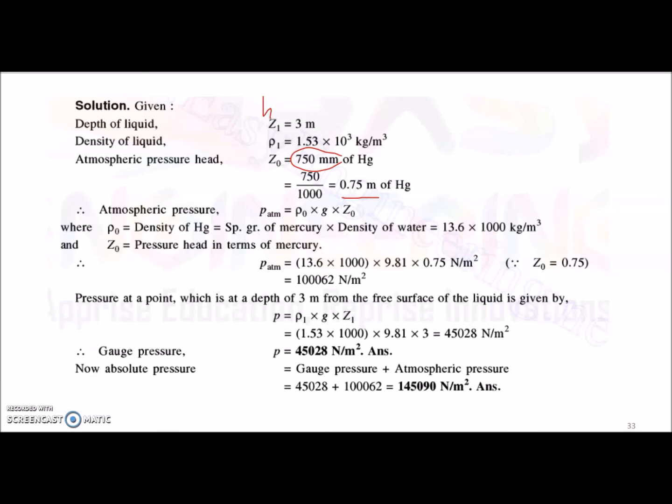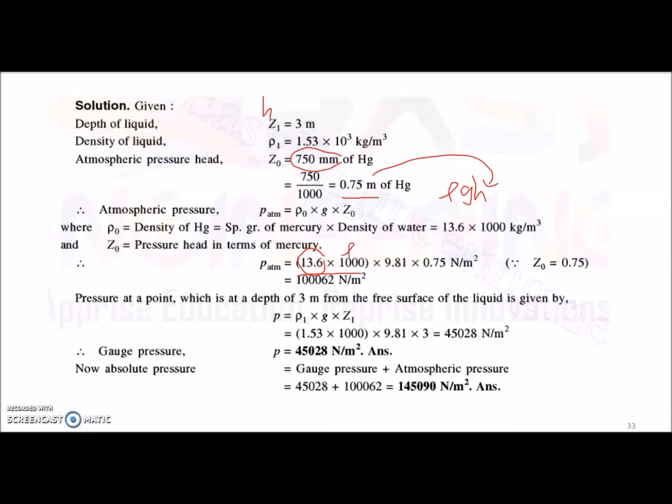Then we need to change the atmospheric pressure in terms of mercury to kilopascal using the formula rho g h. The H is 0.75, and the density is the density of mercury, calculated as specific gravity times 1000.